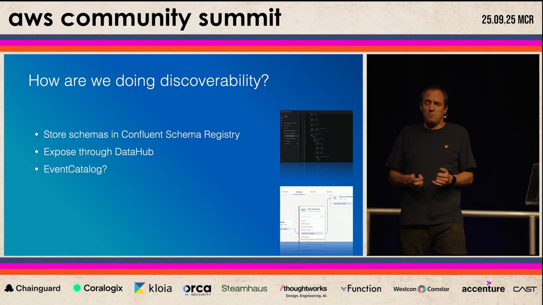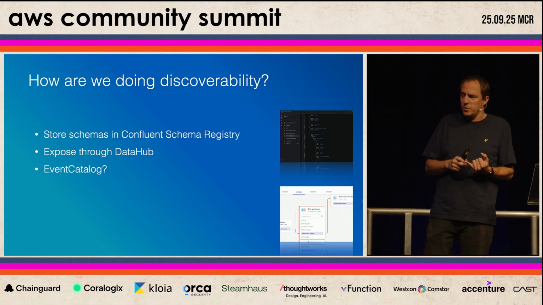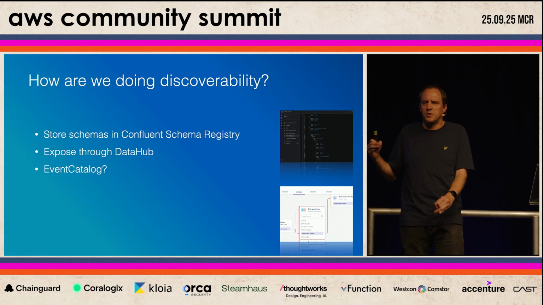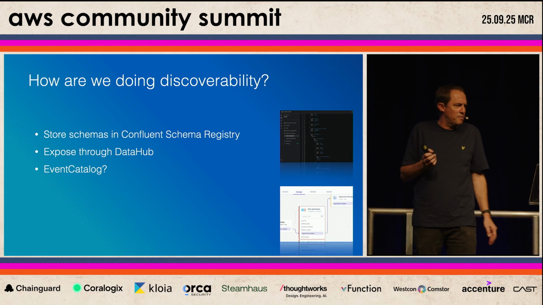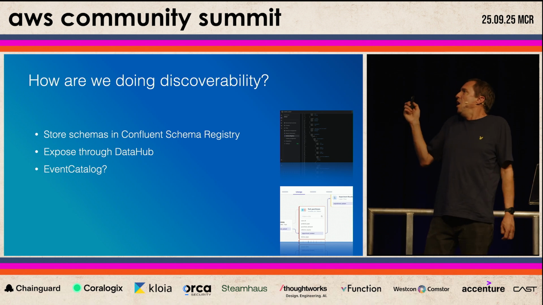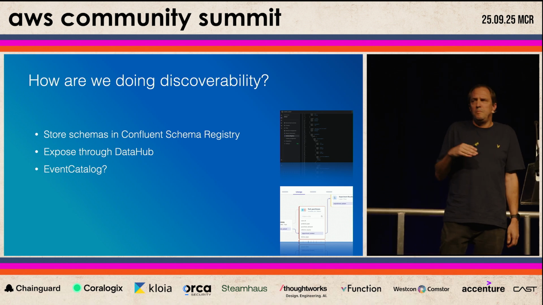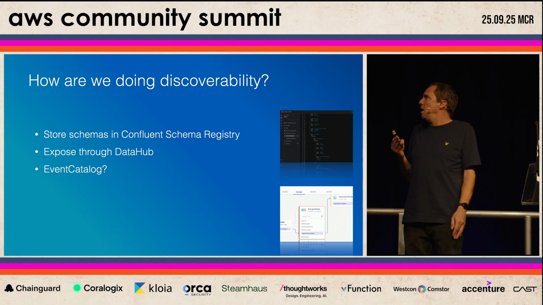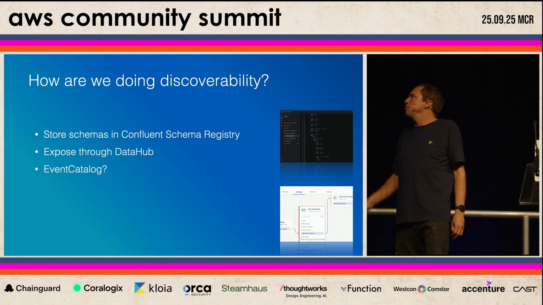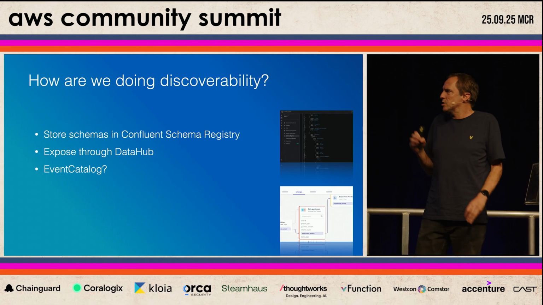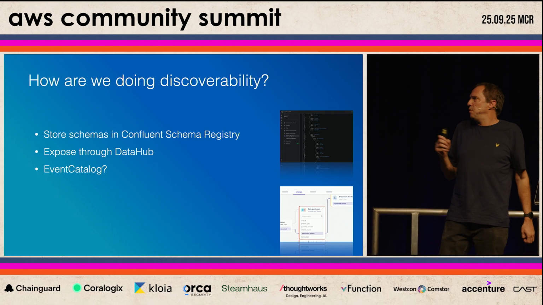It turned out we had Confluent Schema Registry already because we're using Kafka in some of our data products. So we can store our schemas through there. The data teams are currently exposing that through Acro Data Hub, so we can do that. And earlier this year, the EventCatalog added support for Schema Registry. So we're also looking at maybe using that as well. So that's how we're doing our discoverability.